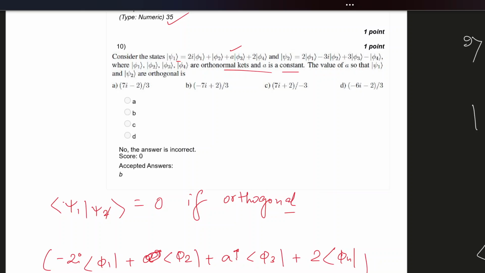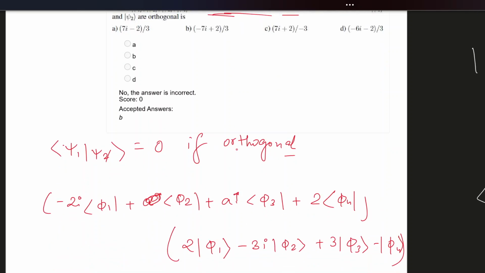Again these are orthonormal basis, that means phi 1, phi 2, phi 3, phi 4 are all orthogonal with respect to each other and are normalized within themselves. That means no cross terms will be valid because all of them will give you 0: phi 1 phi 2 equal to 0, phi 2 phi 3 equal to 0, phi 1 phi 3 equal to 0.